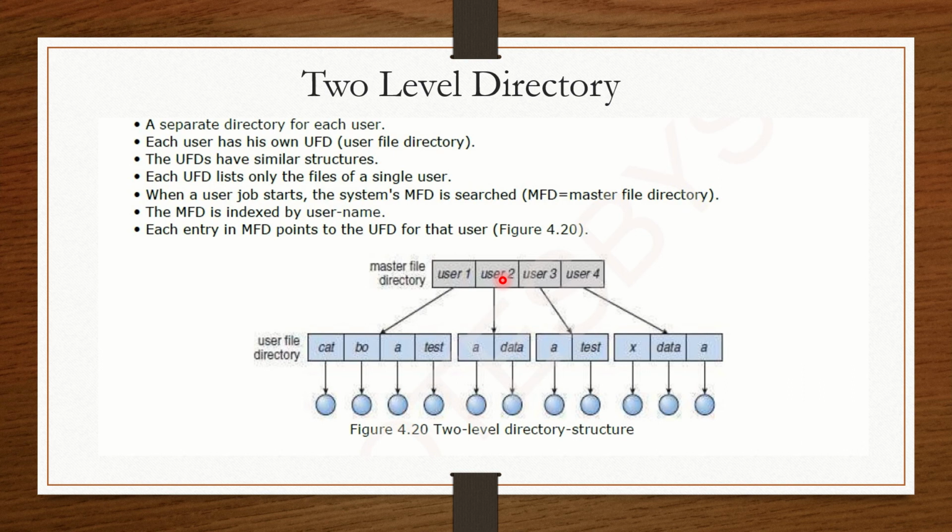Here is another master file entry, user 2, again with its own user file directory, and inside that you can store files. So two levels of directories can be created, a separate directory for each user. The concept is that if there are 5 users, they create 5 separate directories for 5 users.